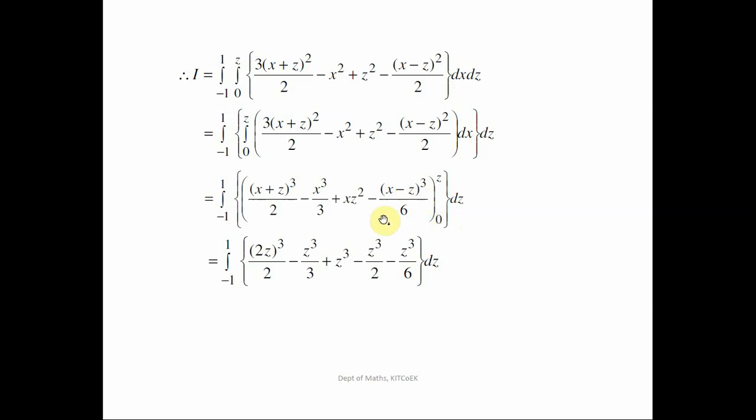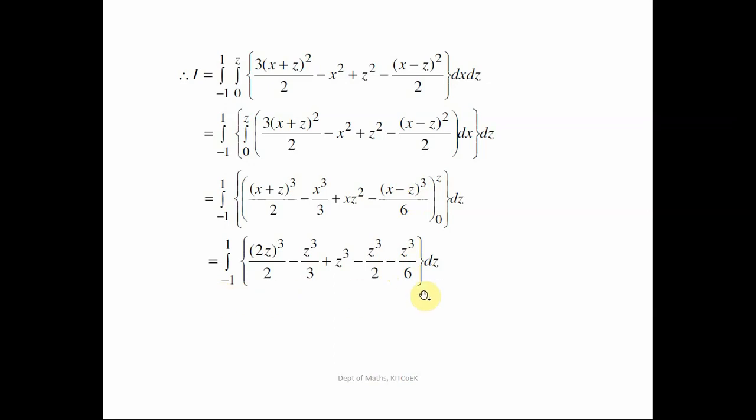And then lower limit, here x is to be replaced by 0, so it is z cube by 2. We are subtracting it as it is the lower limit, and then last term 0 minus z, it is minus z cube. Minus minus will become plus, but as we are putting the value of lower limit, it is again subtracted, so one more minus is there, so it is minus z cube by 6.